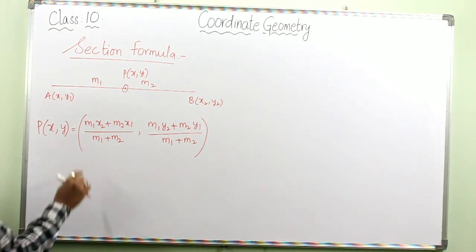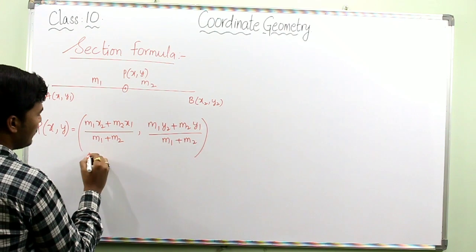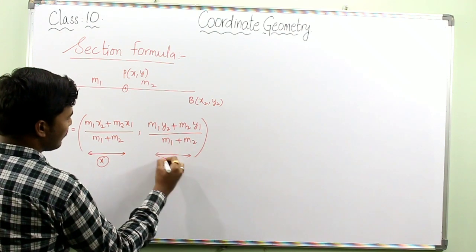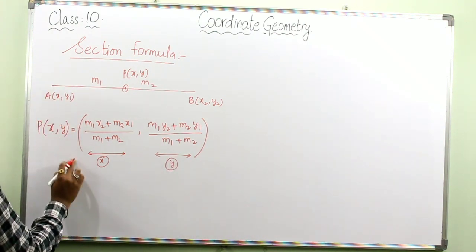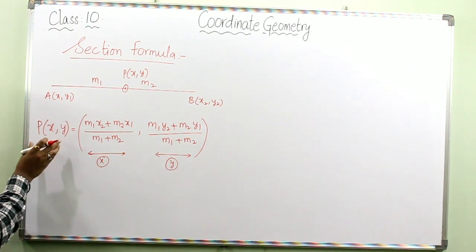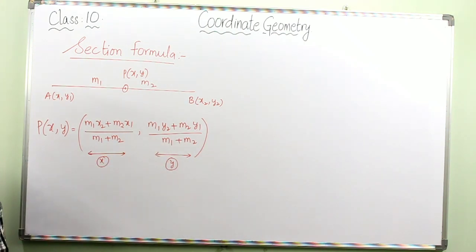Remember this: m1 x2, m2 x1, with 1 2 and 2 1 pairing. Here these are the x coordinate points and these are the y coordinate points. This is called the section formula. In order to get the coordinates of this point, we will find them using this section formula.